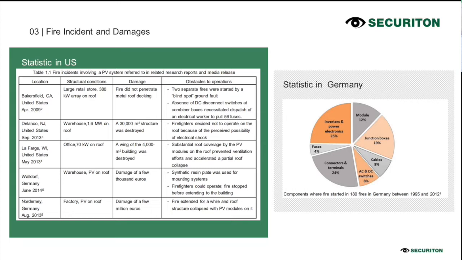So you see, the most common factor was the inverters and electronic devices. So we need special care for those areas, which I'll be addressing in my solution in a later part of it. And you can also see junction boxes have contributed 90% of the total loss as well. And the AC and DC switches also contributed, not significantly, but there is an amount of failures which has actually caused a fire incident, which is around 8%.